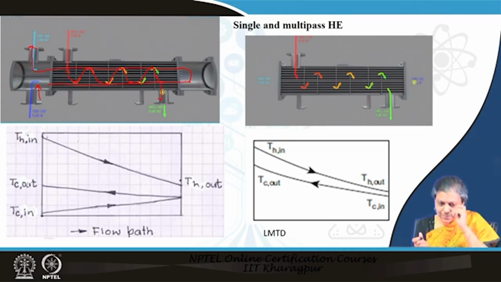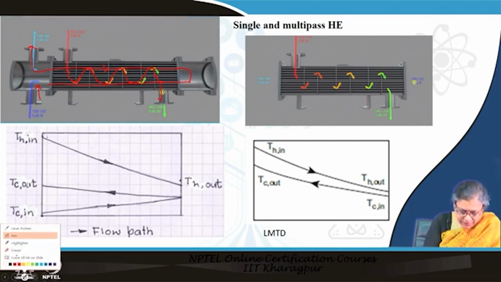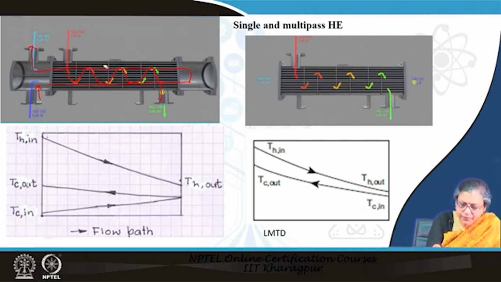You find that in some portion, say for instance, in this particular portion, sorry, I'll just correct it. You will find that in this particular case, the shell side fluid is flowing in this way, the tube side fluid is flowing in this way.